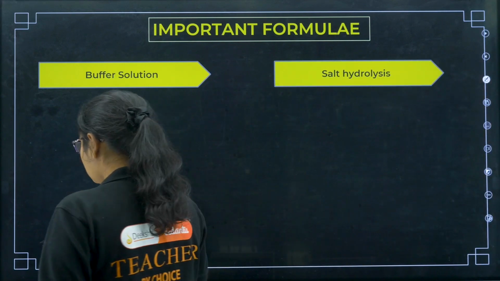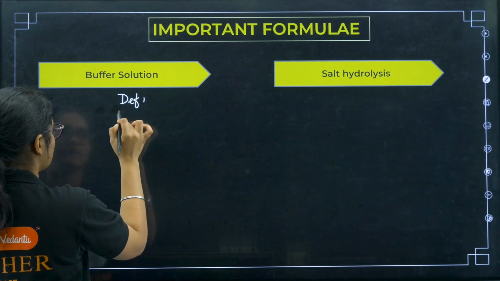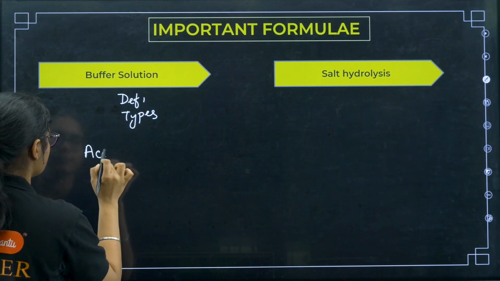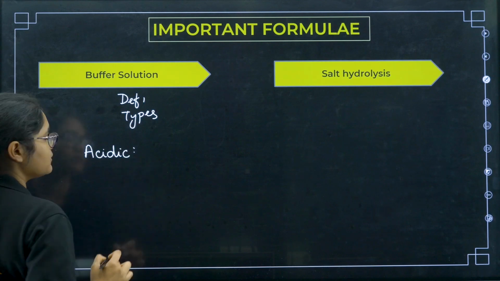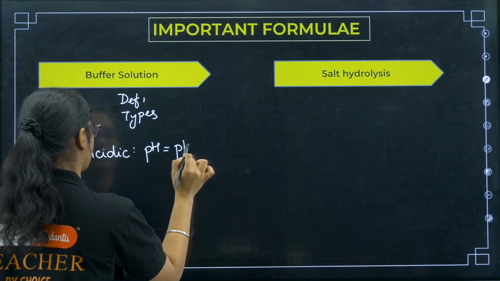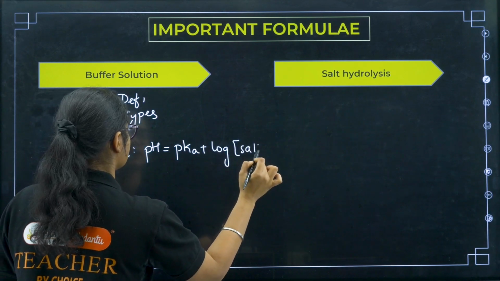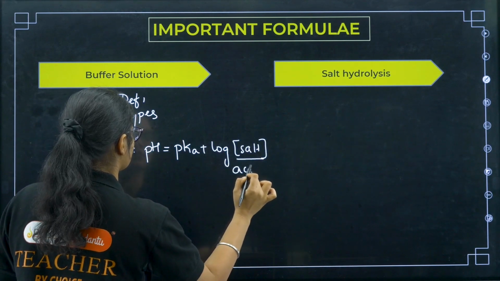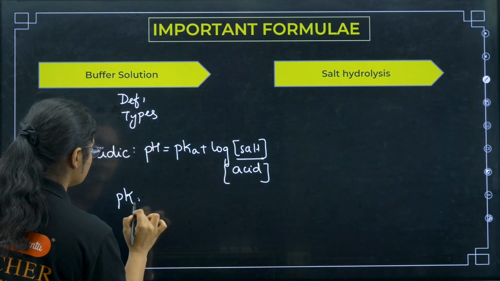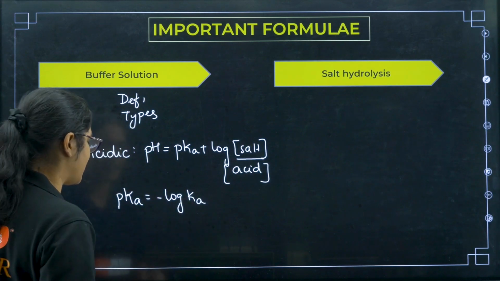Next, coming to buffer solution, what is the definition of a buffer solution? You should know the definition and types. Next I'll tell you the formula for an acidic buffer. pH = pKa + log([salt]/[acid]), okay. Next, how can you find the pKa value? pKa = -log Ka, okay, this is for an acidic buffer.